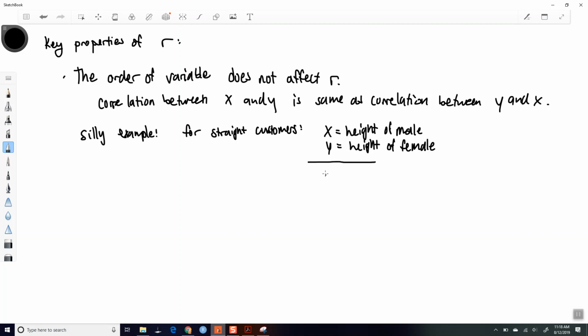What if I flip it the other way around? Height of the female versus height of the male. If we know something about the female's height, and we know that they matched with another customer on this online website, can we predict anything about the height of the male?